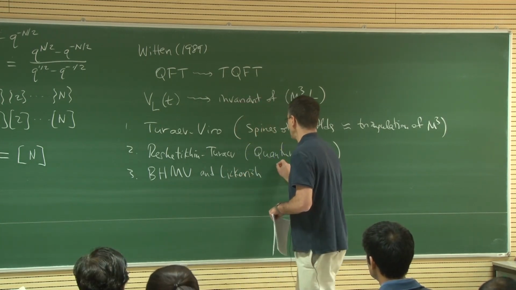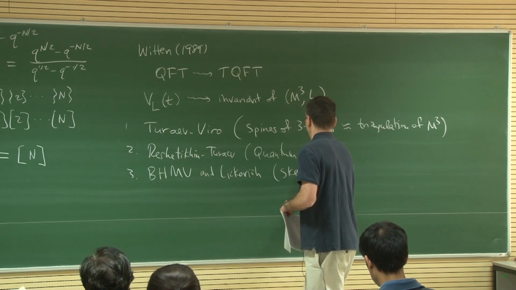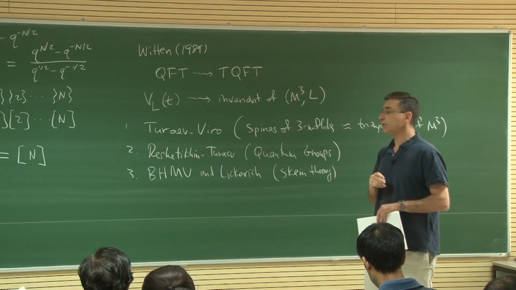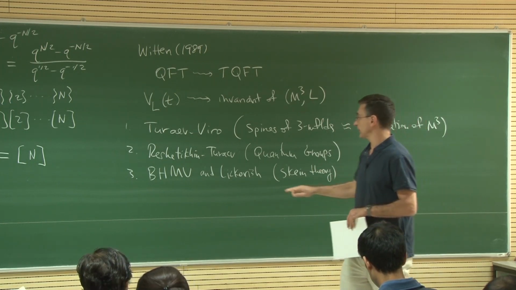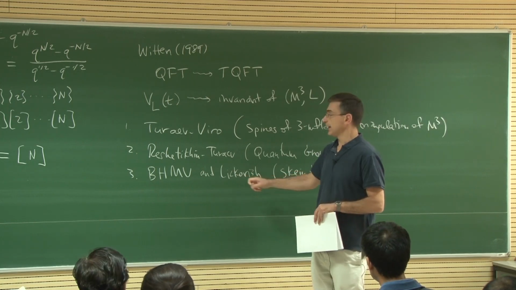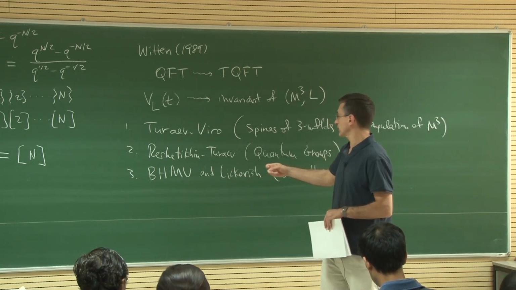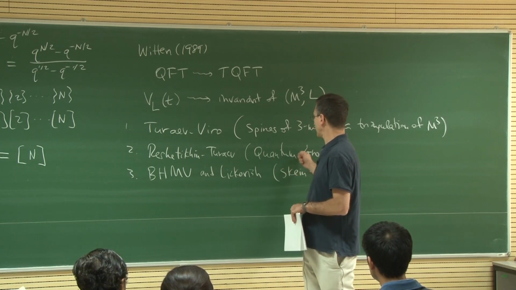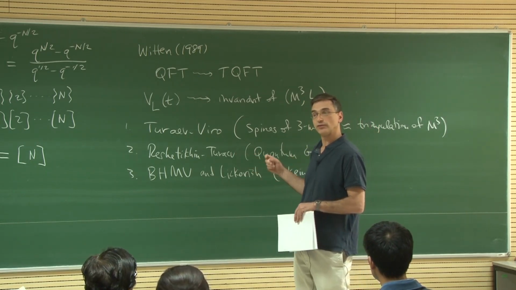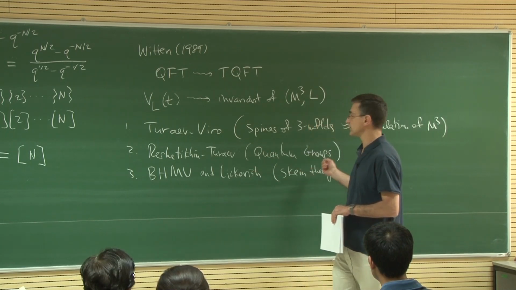Okay, and this is using skein theory. So what I would like to do in today's talk is explain this point of view using Lickorish's approach, and then in the next lecture explain the Reshetikhin-Turaev kind of quantum group point of view, although I won't talk about the Reshetikhin-Turaev invariant. I'll only talk about the colored Jones polynomial from the quantum group point of view.